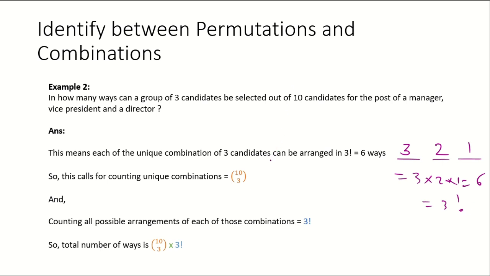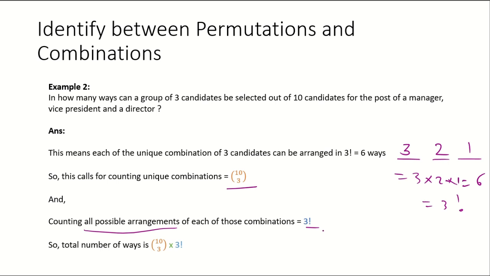And so this is true for all the unique combinations of three candidates, right? So this calls for counting unique combinations, which is 10C3, and counting all possible arrangements of each of those unique combinations, which is 3 factorial.